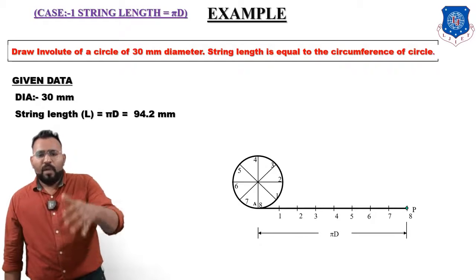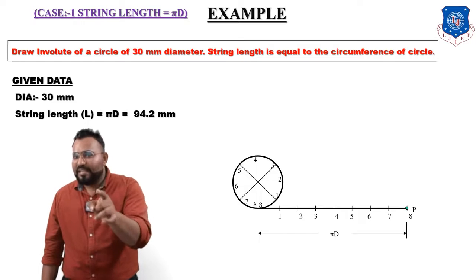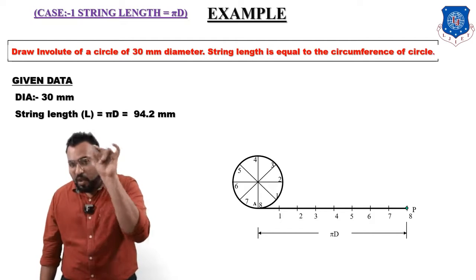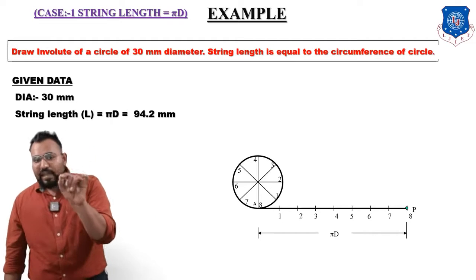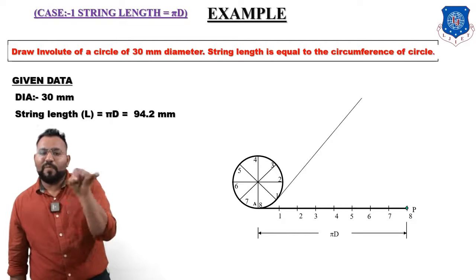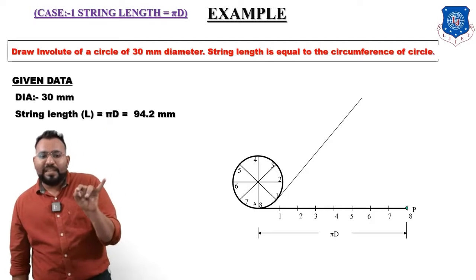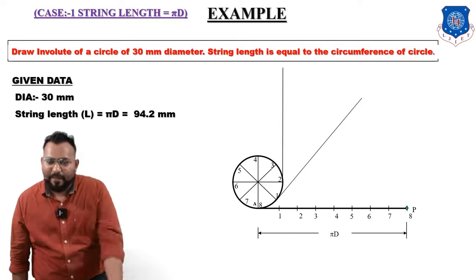Now what we will do, from point 1 on a circle. You can see the point 1 on circle. So from point 1 on a circle draw a tangent of some random length like this. Now from point 2 on a circle draw a tangent something like this of any random length.